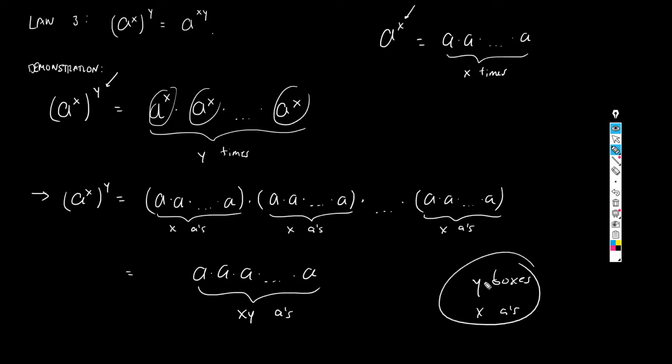I need to multiply the number of boxes by the number of a's that each box has, which is x. So I have x times y a's, which is all of this. And if I have a product of only a's, this many a's, then this can be written as a to the xy, according to my definition, right?